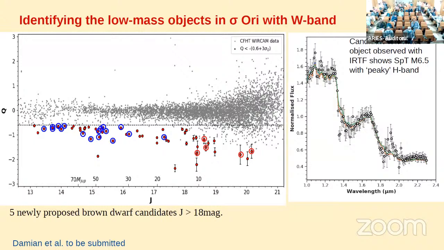Very nice talk. I am curious to know, for the newly proposed ones, did you observe them spectroscopically? No, these five we couldn't observe because our IRTF detection limit went up to only 17.5. So we did it with higher class telescopes.